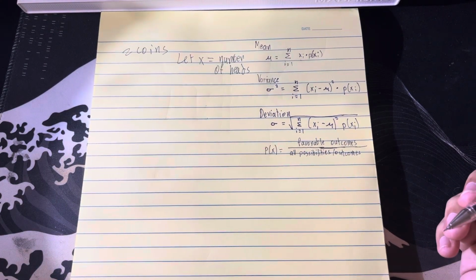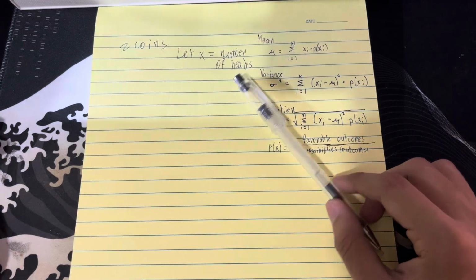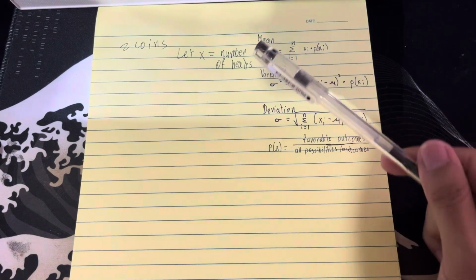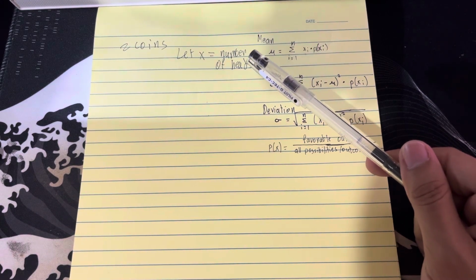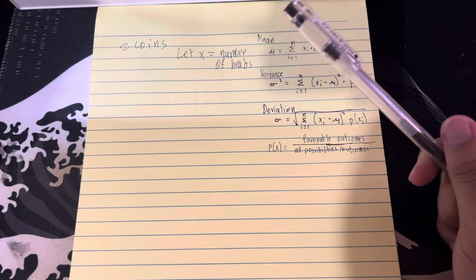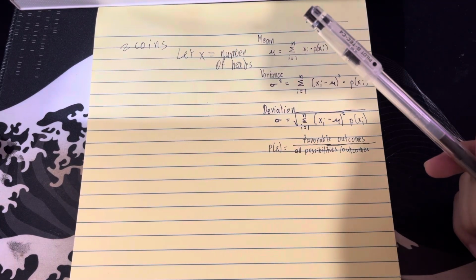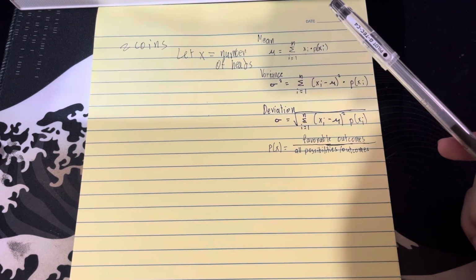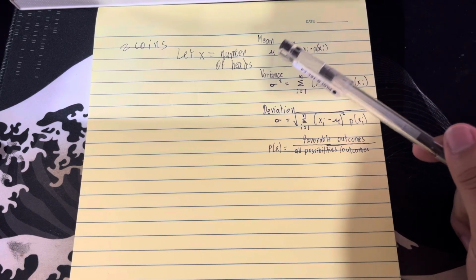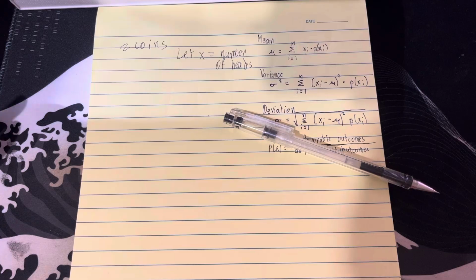Now, what is the sample space? Before that, we need to find the sample space, the probabilities, make the probability distribution table, and find the mean, the variance, and the standard deviation. So let's go through it one step at a time.